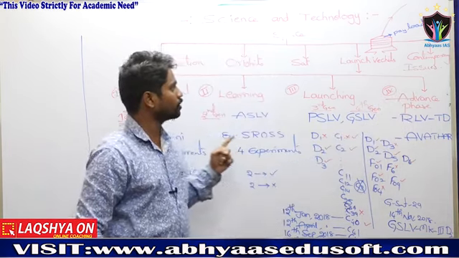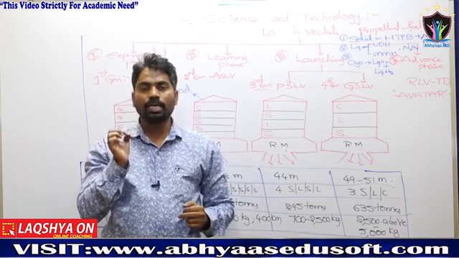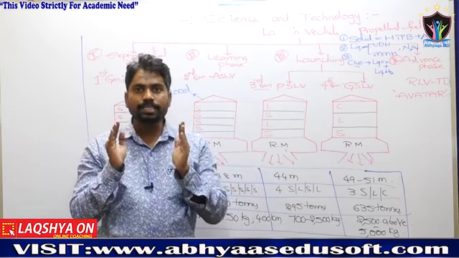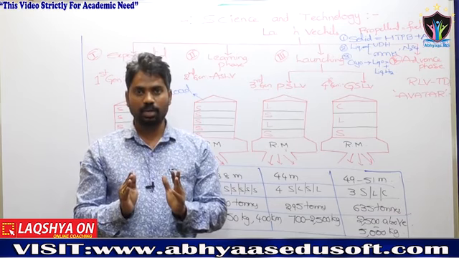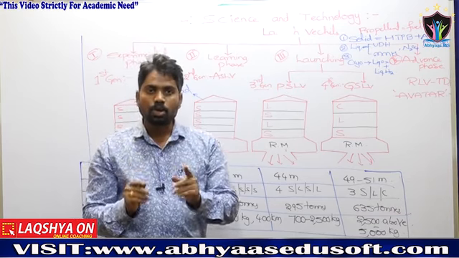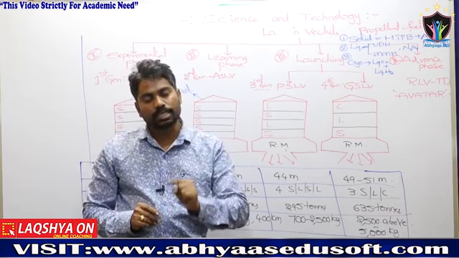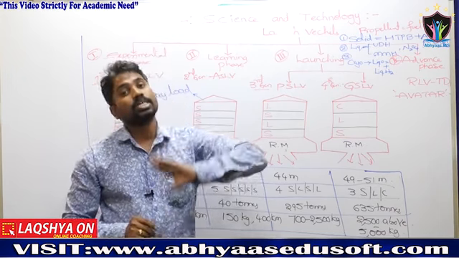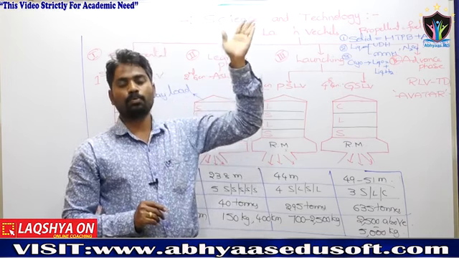RLV-TD. Right. A launching vehicle is a delivery vehicle, the vehicle used to send payloads into free space.